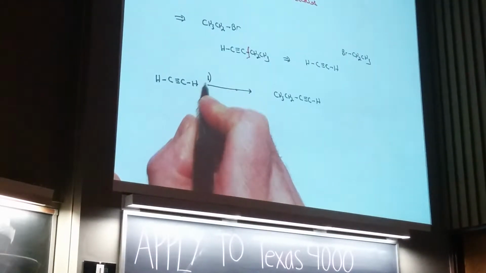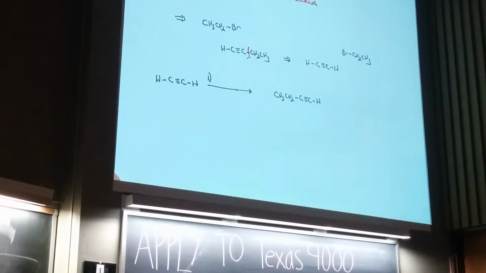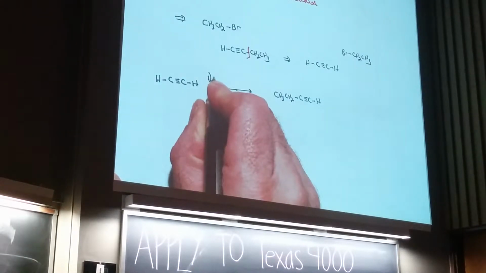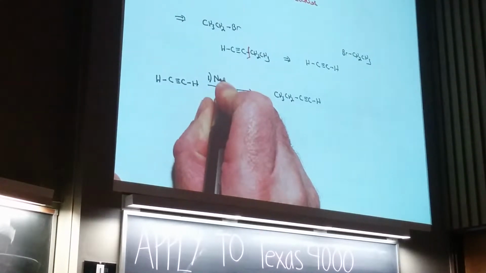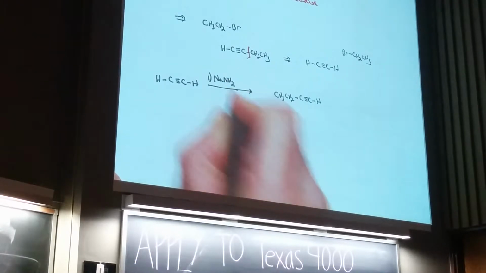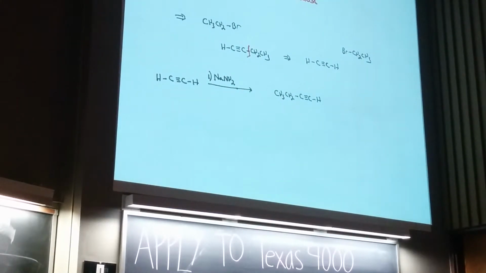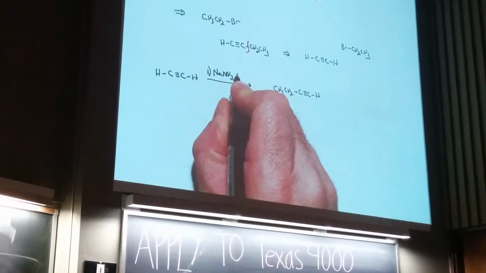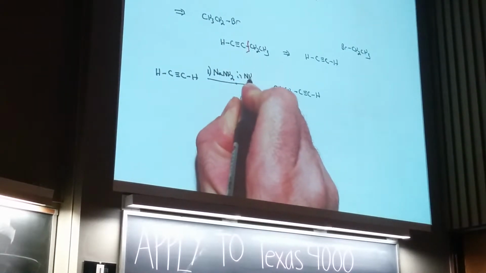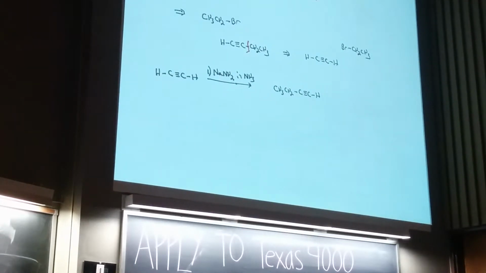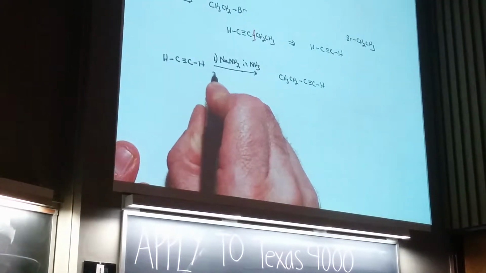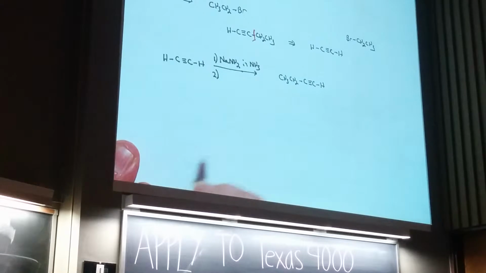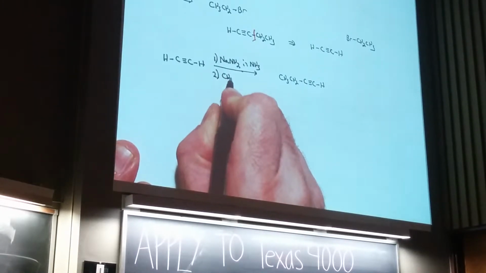Did I hear somebody say NaOH? That's not it. What's the base that we use? Not NH3, it's NaNH2. It's the conjugate base of ammonia. So typically we do that in ammonia as the solvent. And then after we deprotonate, we dump in our alkyl bromide.